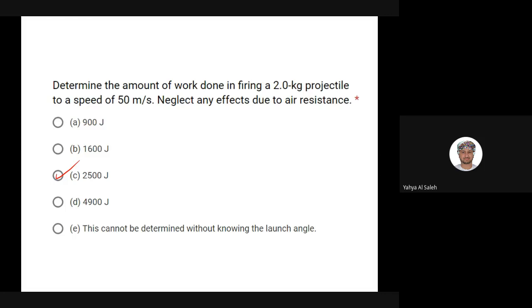And as you can see, this is much simpler than just doing a projectile motion calculation. We don't need all the details. We know the initial speed, we know the final speed, that's all we need. The path it takes doesn't really matter.